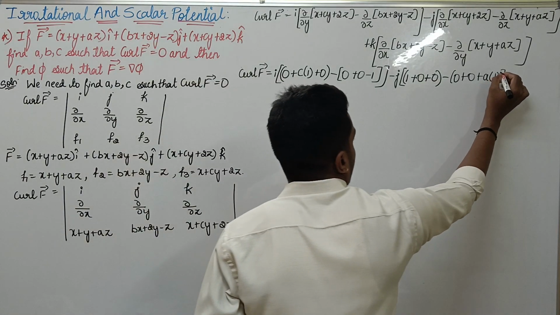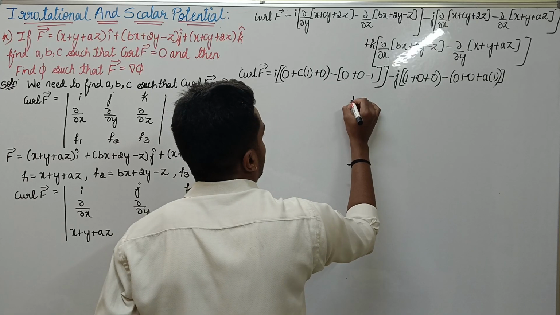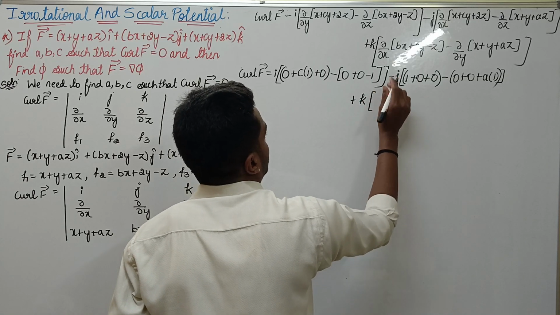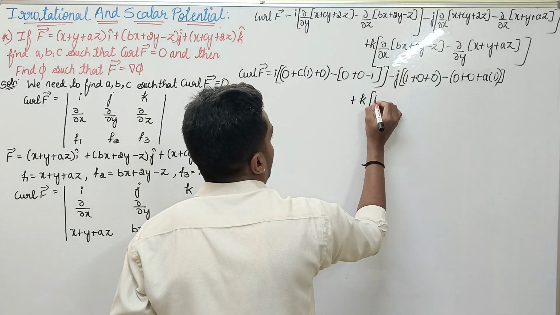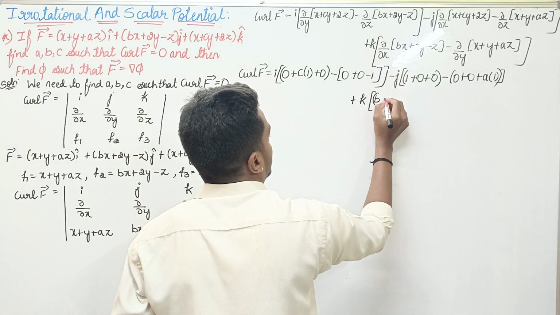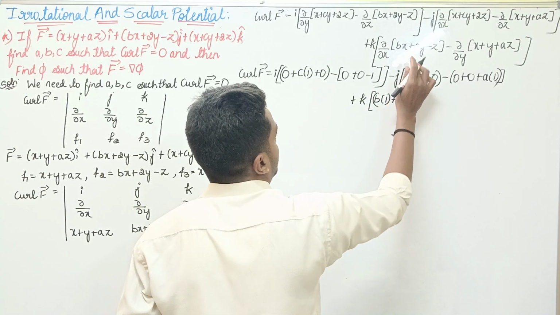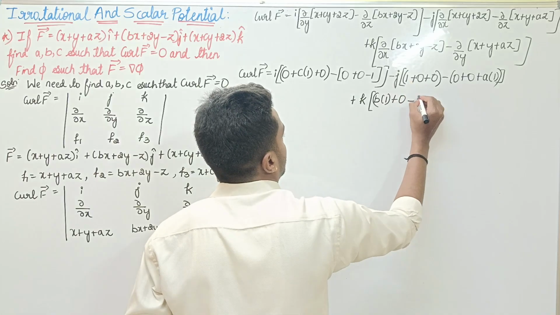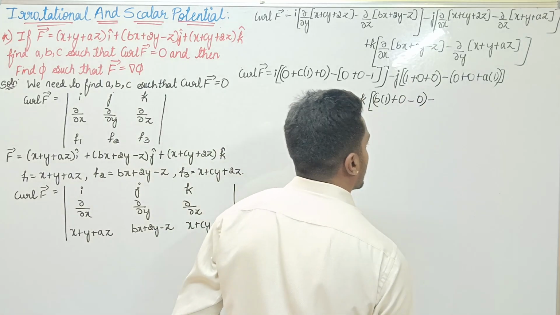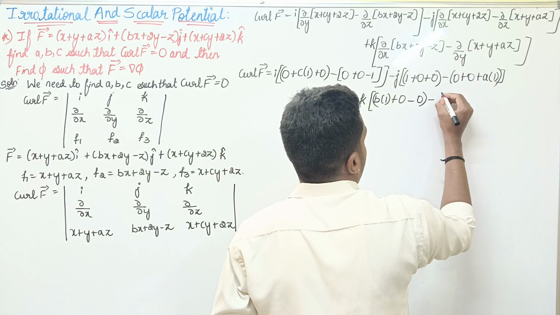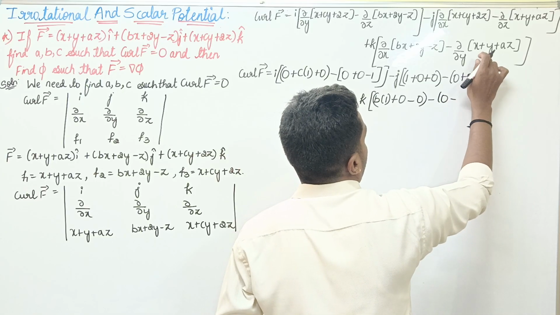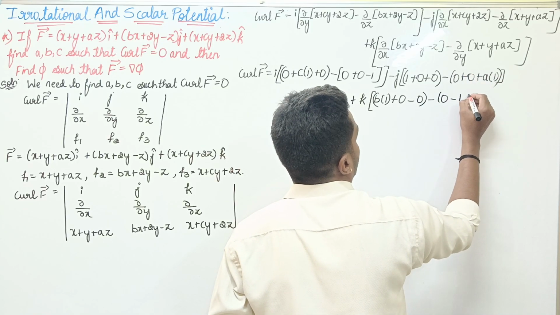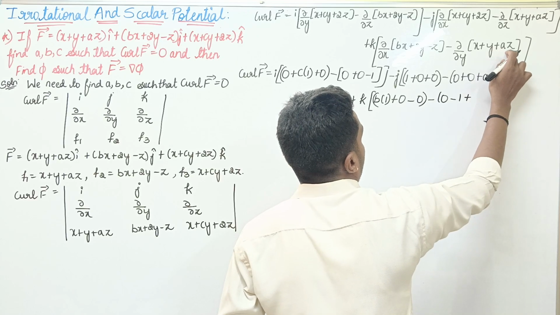Now with respect to k, b remains constant, differentiation of x with respect to x is 1, plus 2y with respect to x 0, minus z with respect to x 0, minus differentiation of x with respect to y 0, minus differentiation of y with respect to y 1, plus differentiation of az with respect to y 0.